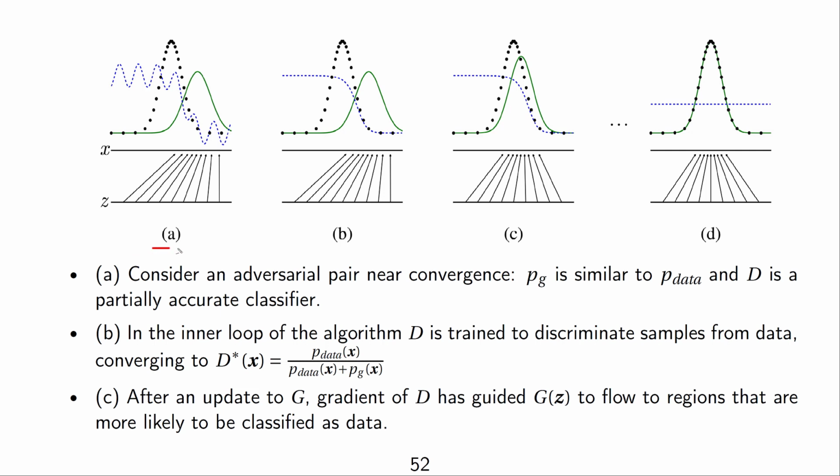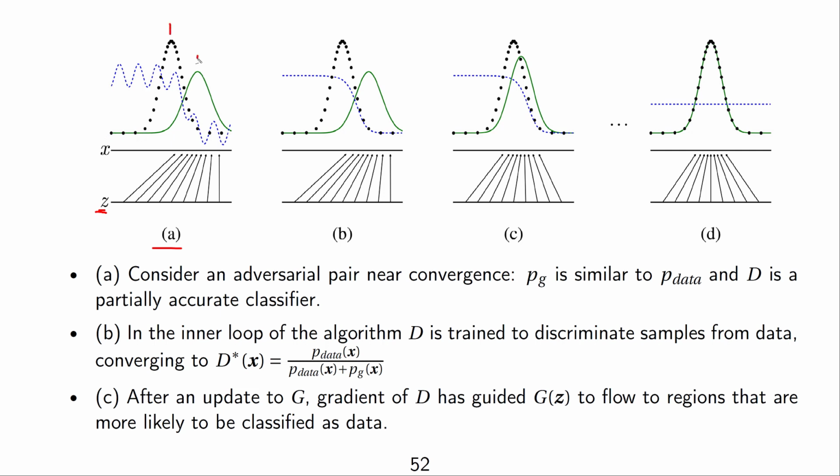So we look at this example to illustrate the training progression. What we have in A, we see that, again, the input random values along this Z line will be warped in some sense to give the output X of the generator. Green, again, is the model distribution, and dashed black is the data distribution.